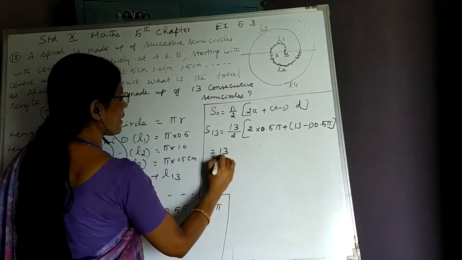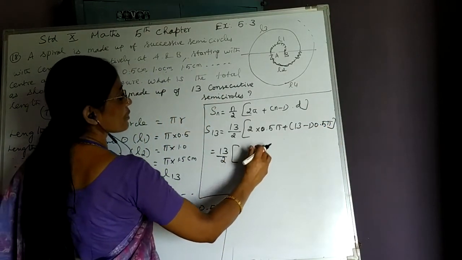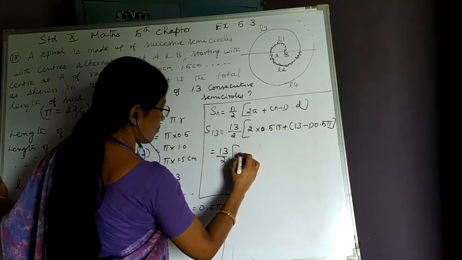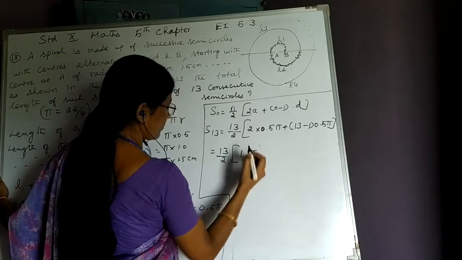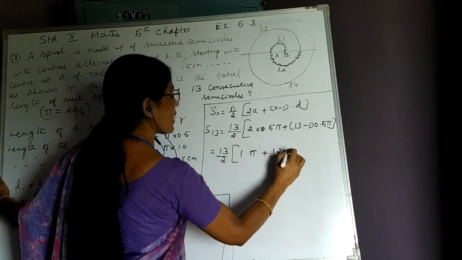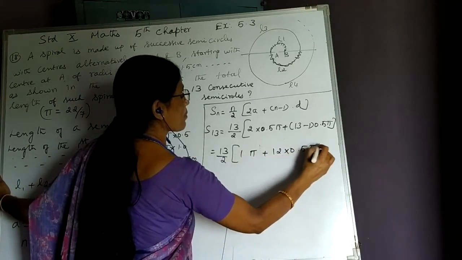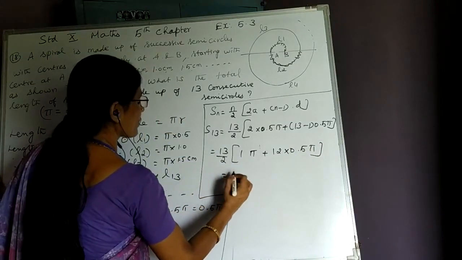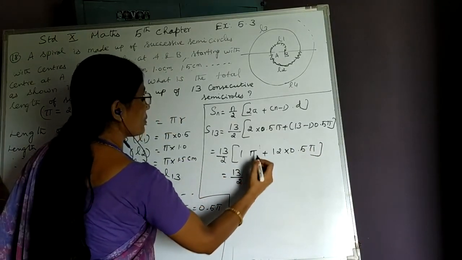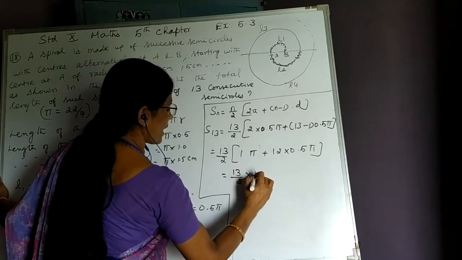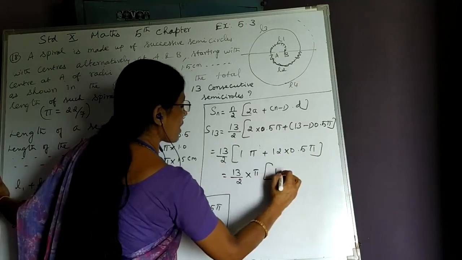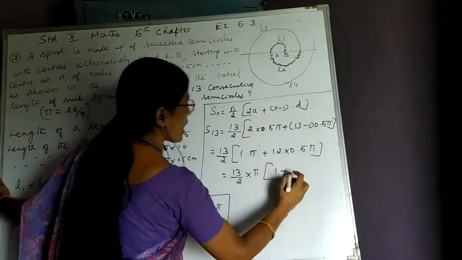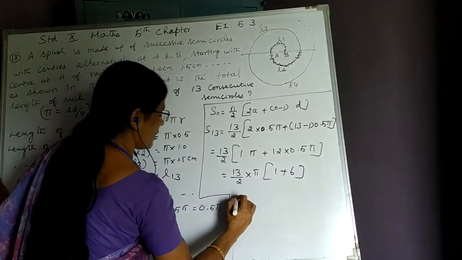So it is 13 upon 2, 2 into 0.5 pi is 1 pi, plus 12 into 0.5 pi, which is 13 upon 2, pi is common, I take it out. So here 1 is remaining, 12 into 0.5, 12 into half becomes 6.